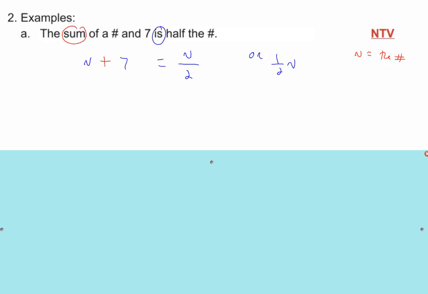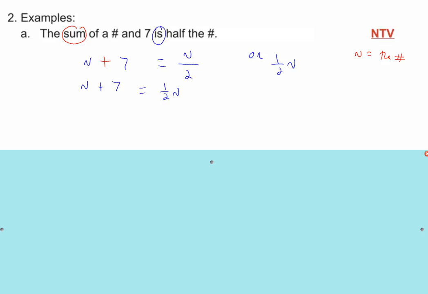Okay, now we have to solve the equation. Well, now we have to get all our variables on one side. Okay, in this format, the best way to look at this is 1/2 n. So how would I move the 1/2 n from the right to the left? Somebody tell me what to do.